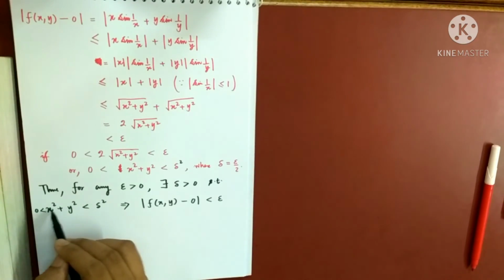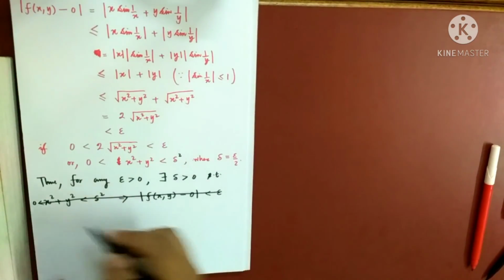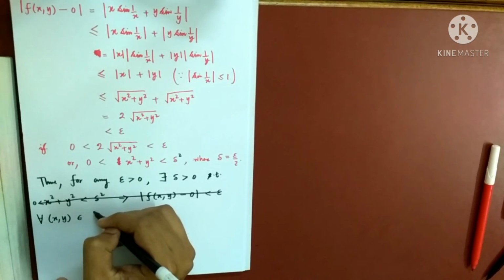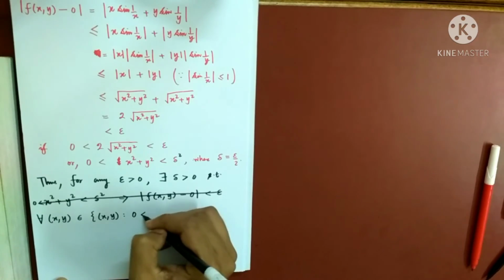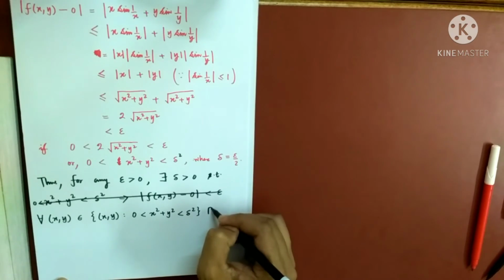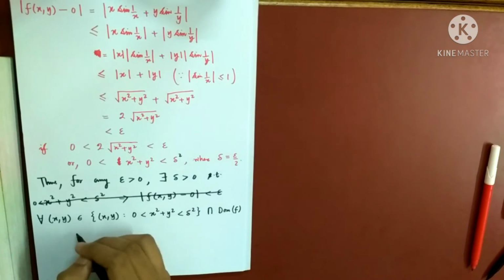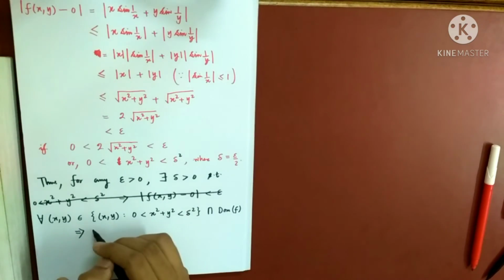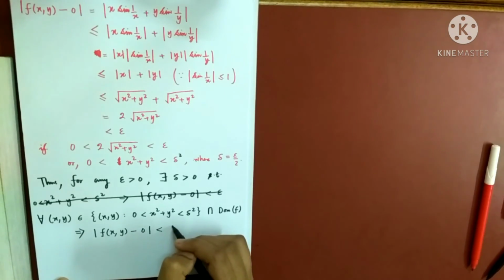Just a minute. This book also has it written wrong. They have written this, but I don't think this is correct to write. Such that for all x comma y inside this set, x comma y such that 0 less than x square plus y square less than delta square, intersection the domain of the function, implies modulus of f(x,y) minus 0 is less than epsilon.